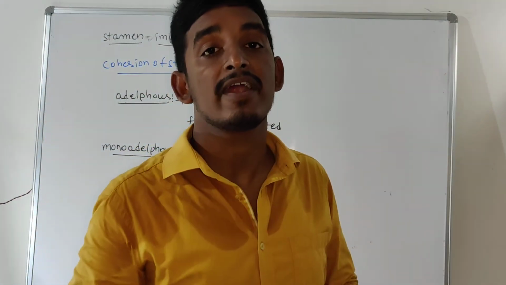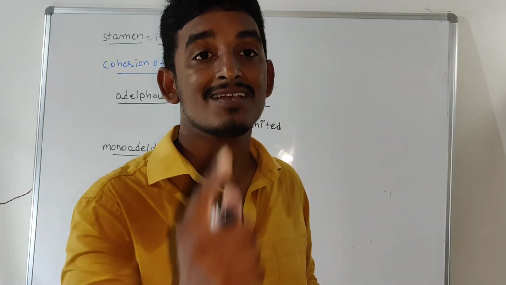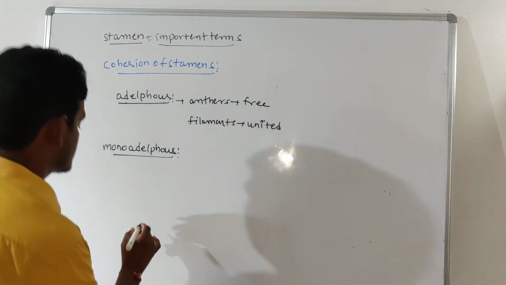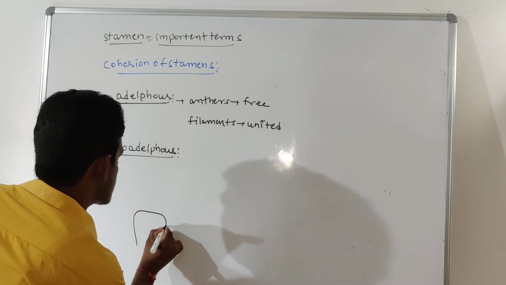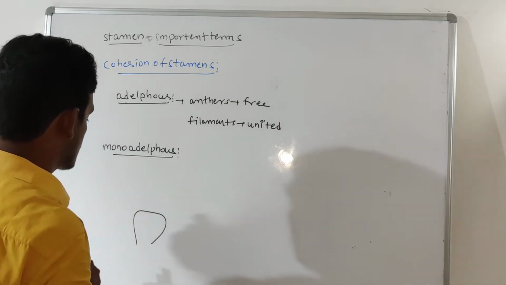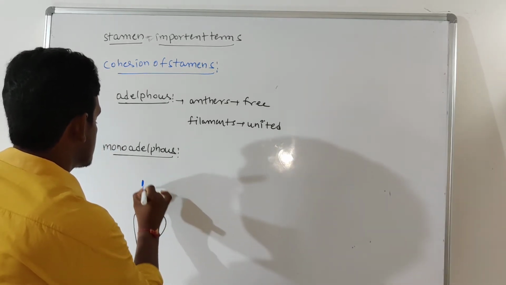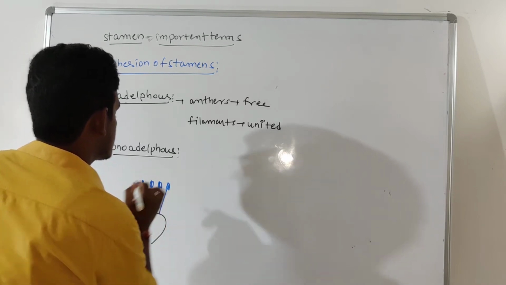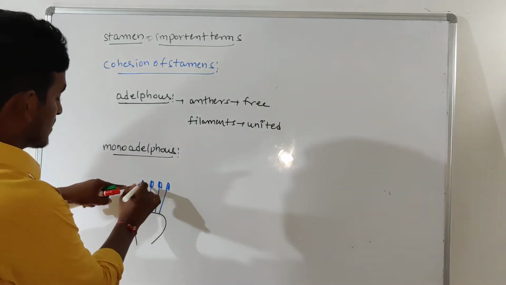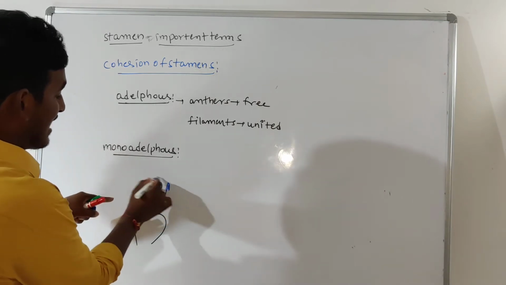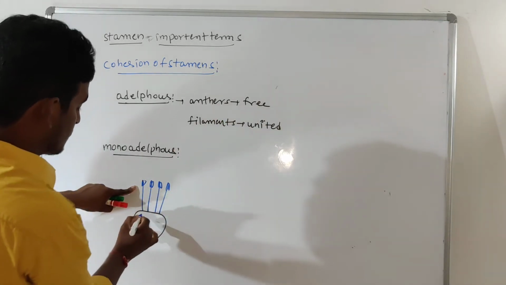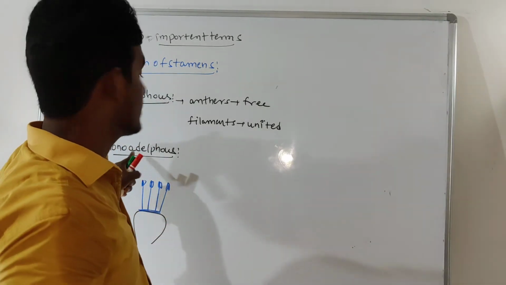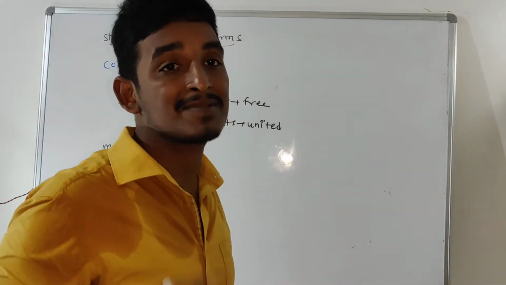What about the monoadelphous condition? It produces a single bundle of filaments. See, these are the stamens, right? Here the anthers are free, but the filaments are united. That type of condition is the adelphous condition.